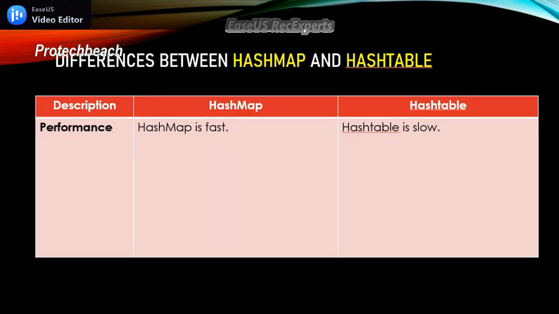If you consider performance, HashMap is very fast compared to Hashtable because of its non-synchronized nature. And finally, for inheritance, HashMap inherits the AbstractMap class and Hashtable inherits the Dictionary class. So these are the differences between Hashtable and HashMap.